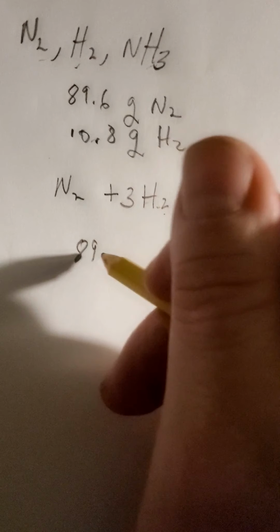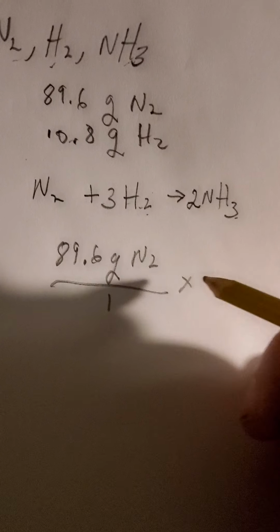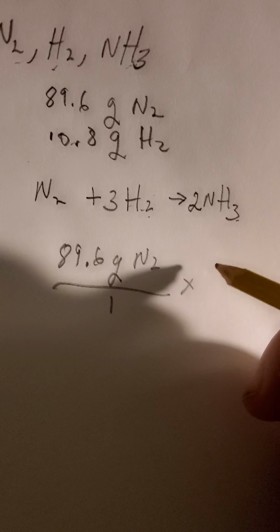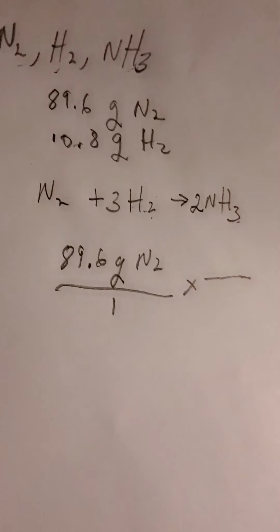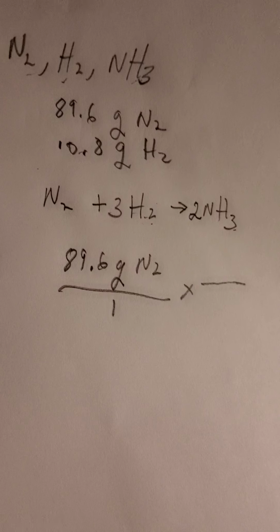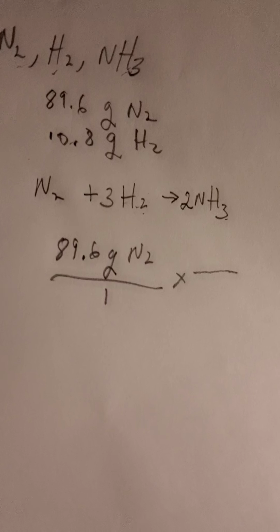The first thing I'm going to do is convert this 89.6 grams of N2 into moles. Always convert your grams into moles first before you even try to do anything, okay? Now, if you look in a periodic table, the molecular weight of nitrogen is around 14.